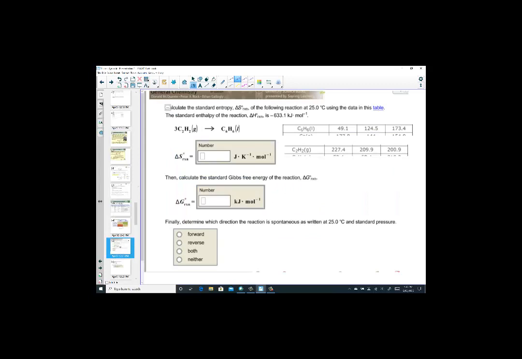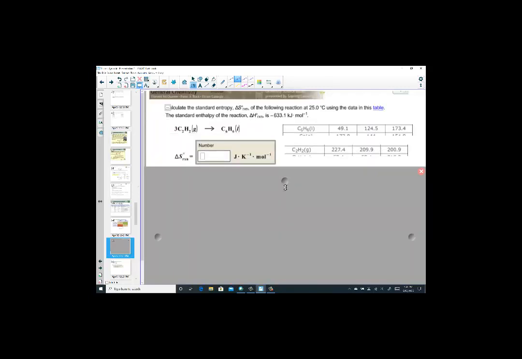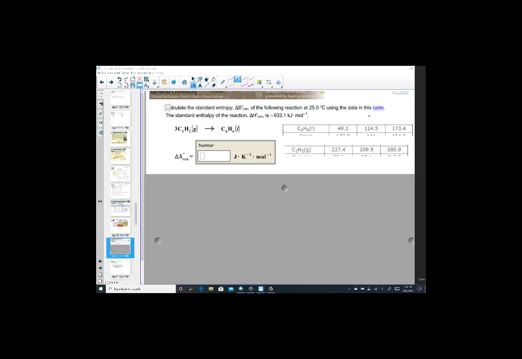Here's a sample problem, and it looks like a busy slide, so let's take it one step at a time. We'll shield this and go through it one step at a time. Let's calculate the standard entropy of reaction for the following using the data in this table. Now remember, I said that this is a thermodynamic table that's provided in your text.